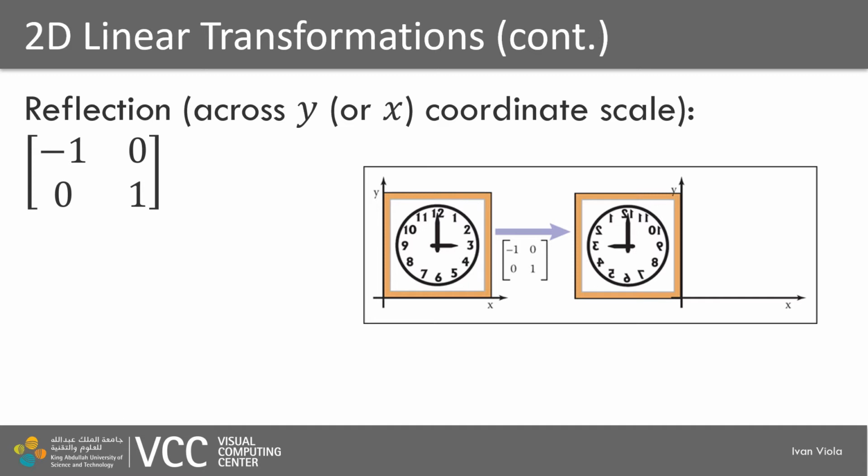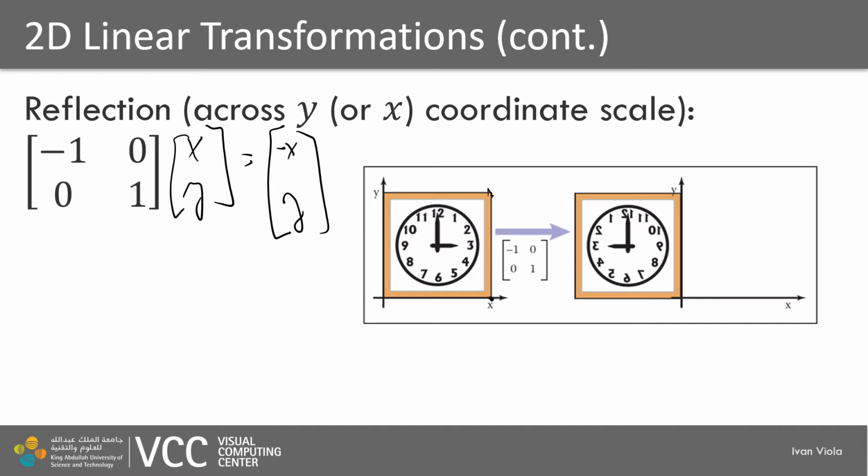This makes sense. If I have x and y here, then at the output I will have minus x and y. So the y values will not change, but the x values will change. That can be observed in this image, where all the positive values have flipped onto the other side, and we have achieved the reflection.